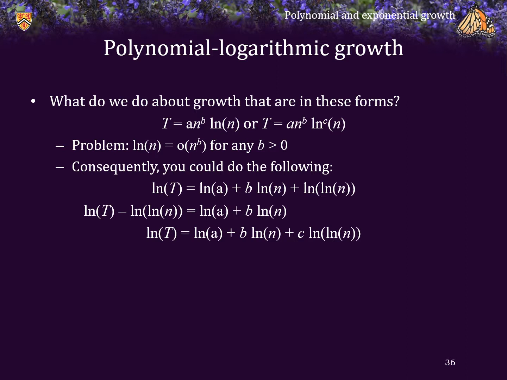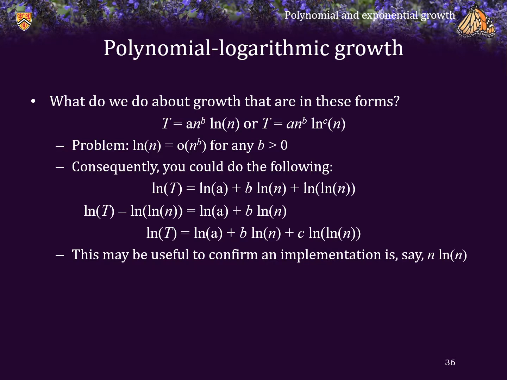Alternatively, here we have a linear combination of three functions, the constant function, ln of n, and ln of n, in which case we would now have a matrix that was some dimension by 3. So we would be finding 3 coefficients.